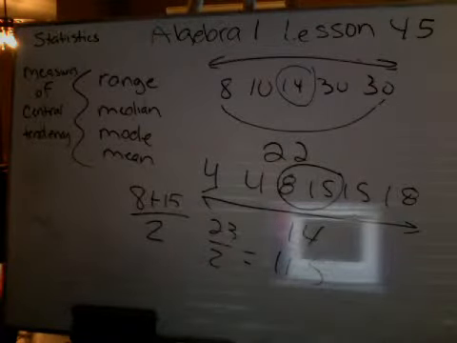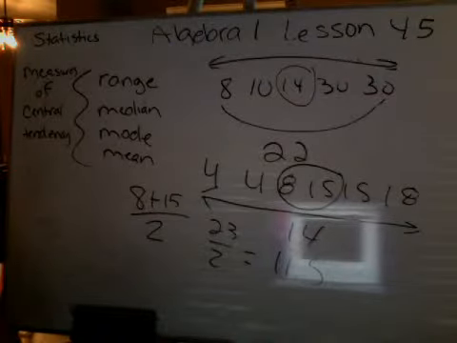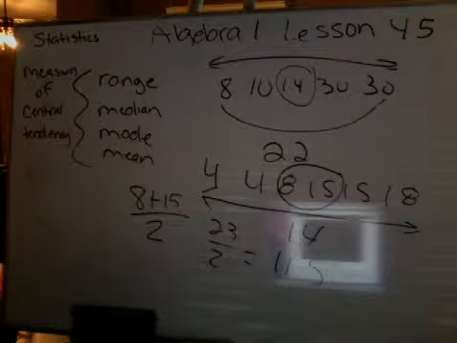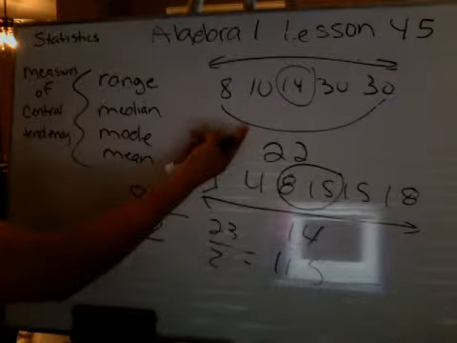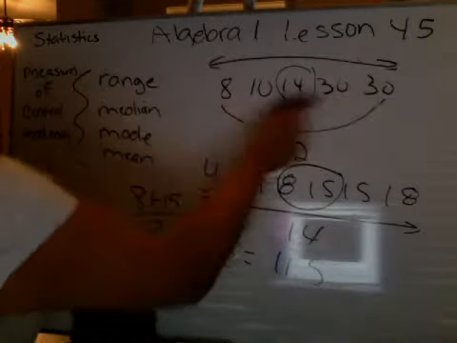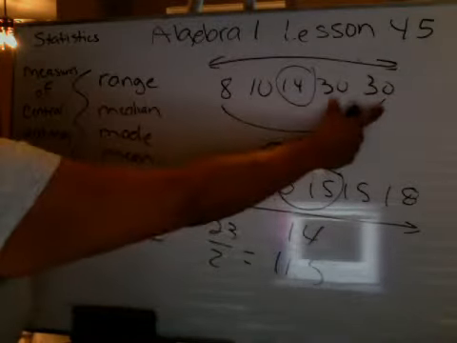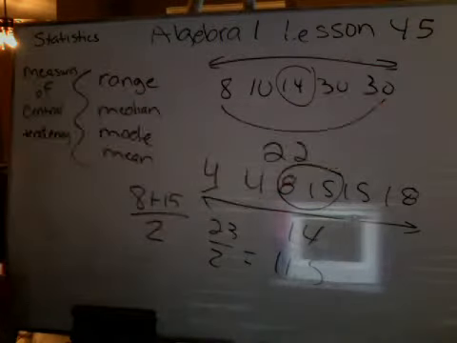Okay, so now we're going to move to what is mode. Mode is a French word for fashion, which comes from the Latin word modus. We use the word mode in data analysis to describe the number in a set that appears the most amount of times. So for instance, in this series, 30 appears twice, everything else is once, so our mode is 30, and it has to appear at least 2 times.